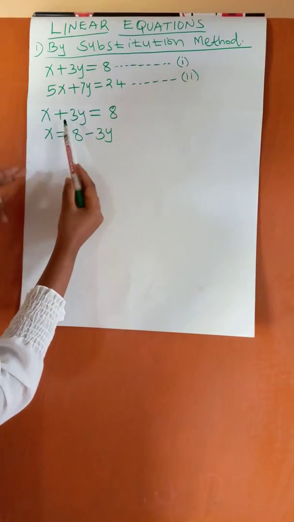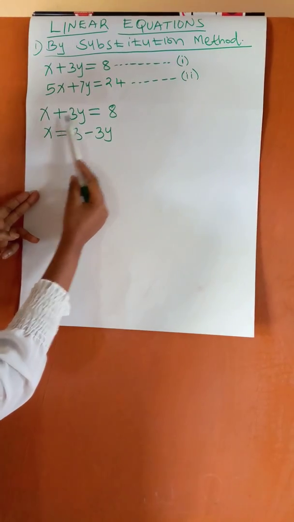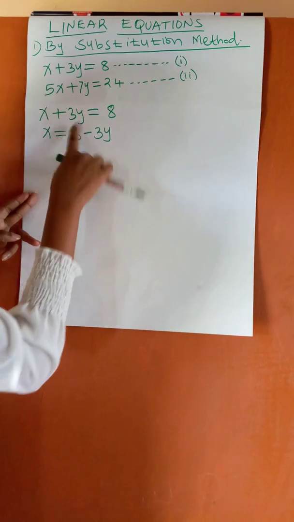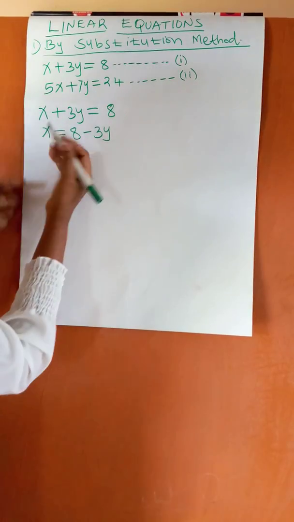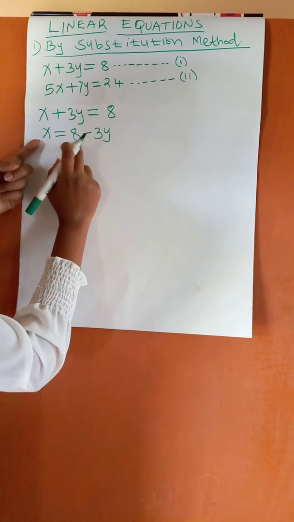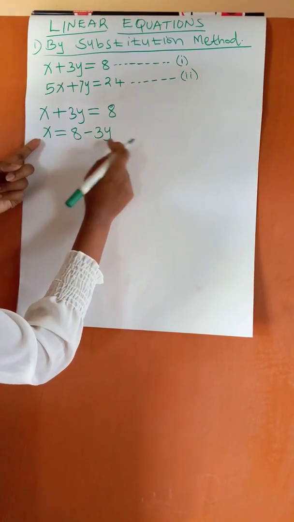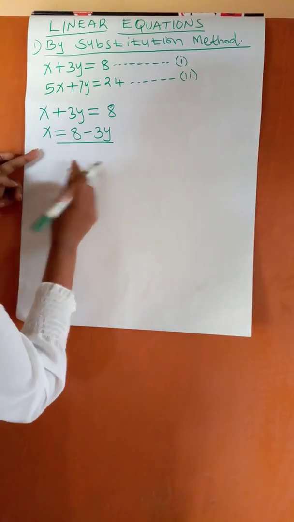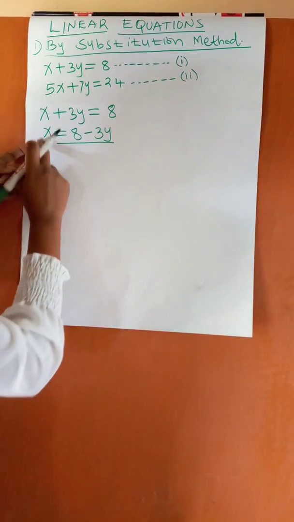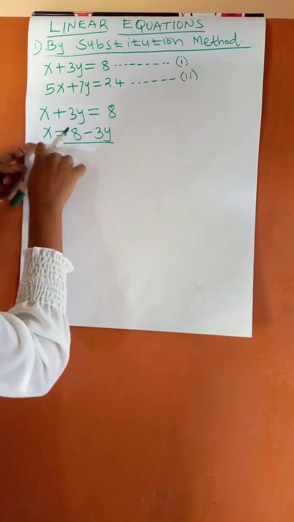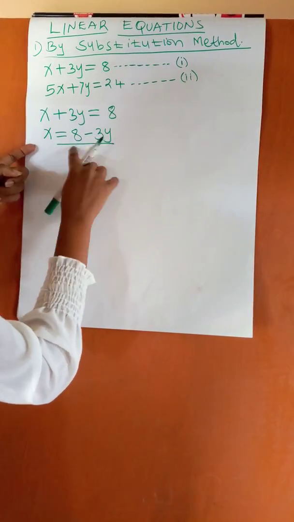Remember, when you cross a positive sign to the other side of the equal sign it becomes a negative, the sign changes. So we have an expression for x in respect to 8 and 3y. So at that point, we move to look for the value of y, but we will replace x with these values.